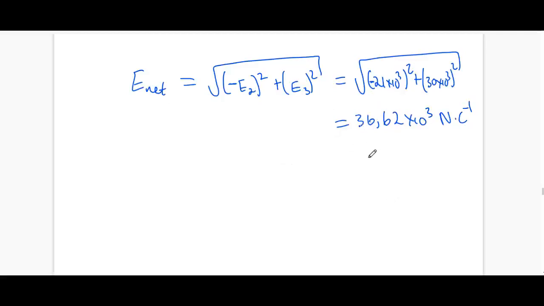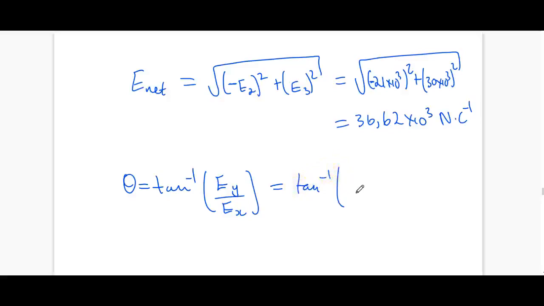If they had said calculate the magnitude, this would be the final answer, but they just said net electric field, so we are going to calculate the angle of this net. It's going to be arctan of the y component divided by the x component.